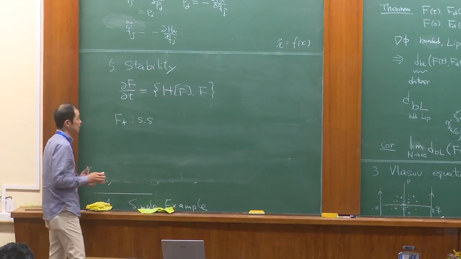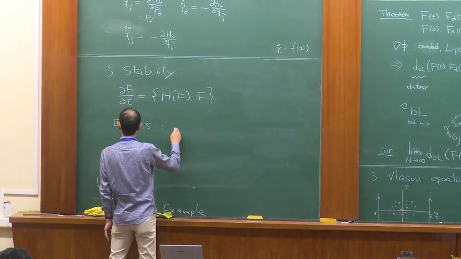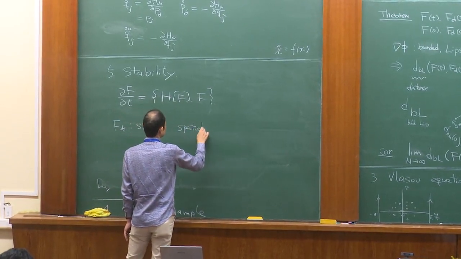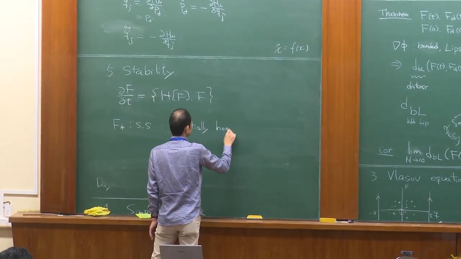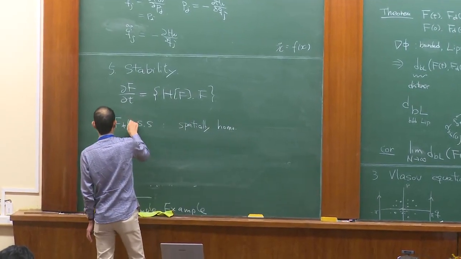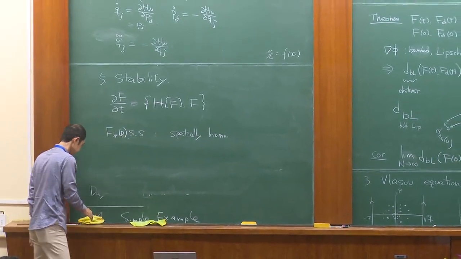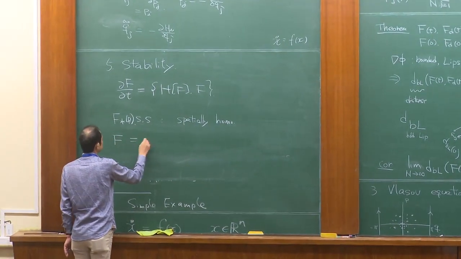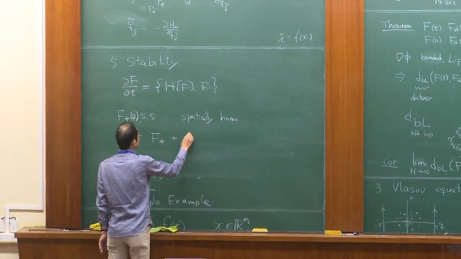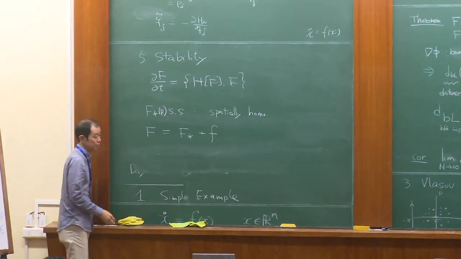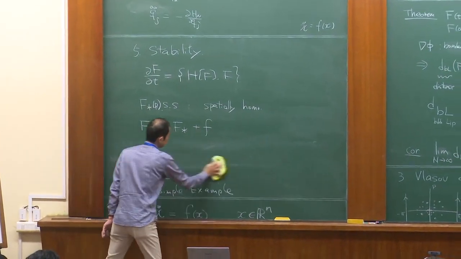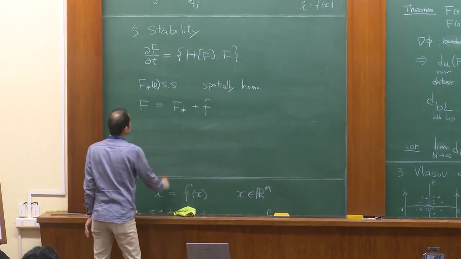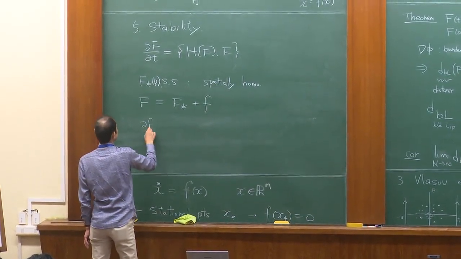So for simplicity, I concentrate on the spatially homogeneous state, which depends on P only. So I expand f around f star plus f, where this f is a perturbation.